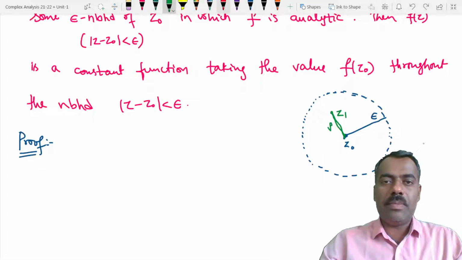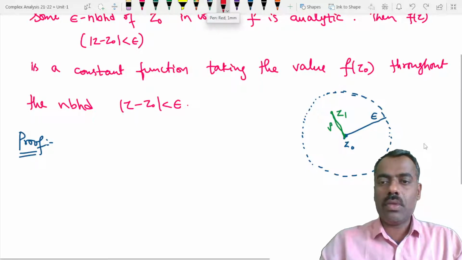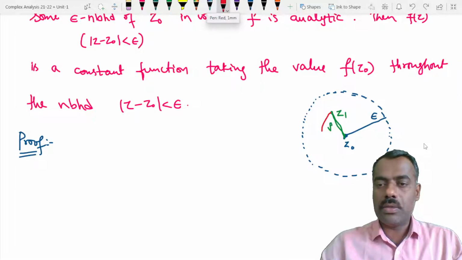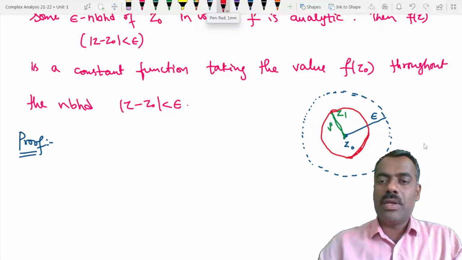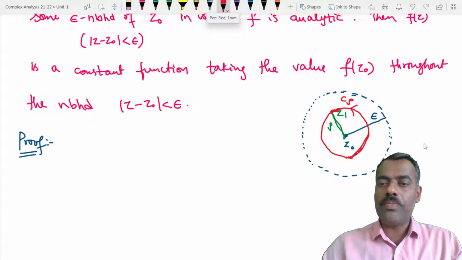So let me draw that. This is the C rho, the positively oriented circle centered at z naught.